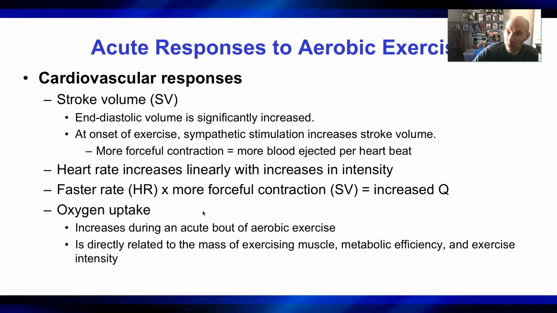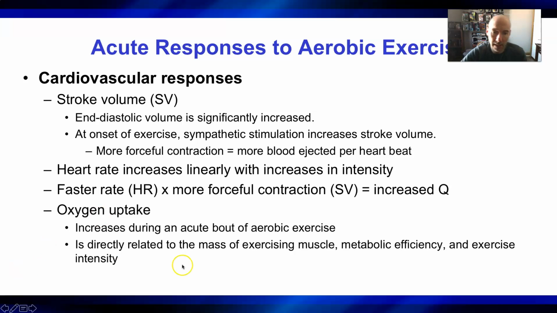So again, both of those things, increasing faster rates, more forceful contraction, meaning more blood is exiting per heartbeat, combine to allow for this increased cardiac output, all right? And the effect of that is that oxygen uptake, or VO2, should also increase in a linear fashion with exercise intensity, okay? Up until you reach your VO2 max, at which point that value will fail to increase even if you exercise harder.